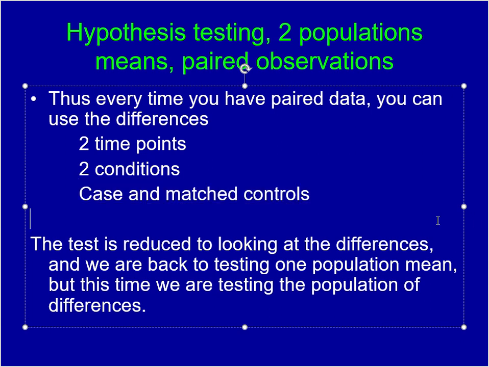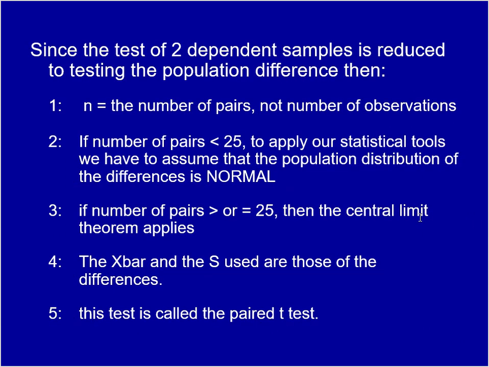Okay. All right. Now, since the test of two dependent samples is reduced to testing one hypothesis, then n is the number of pairs, not the number of before or after. You're only interested in one of them.